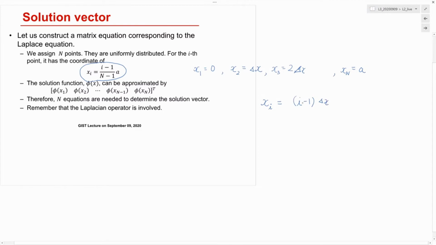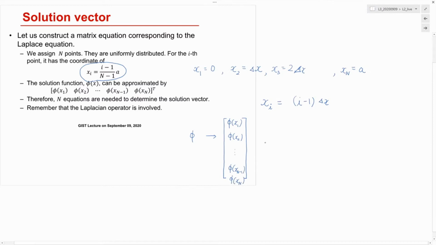Yes, so that is our assumption. Then our solution function phi can now be expressed in a vector form, like the sampled values at x1, sampled values at x2, and sampled values at xn minus 1, and finally at the final point xn.